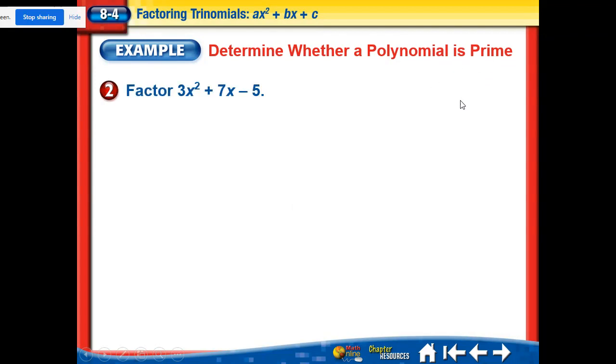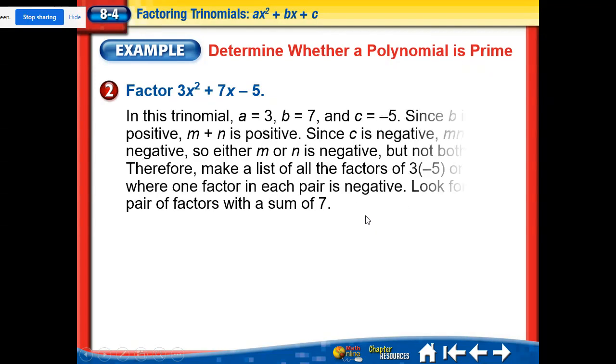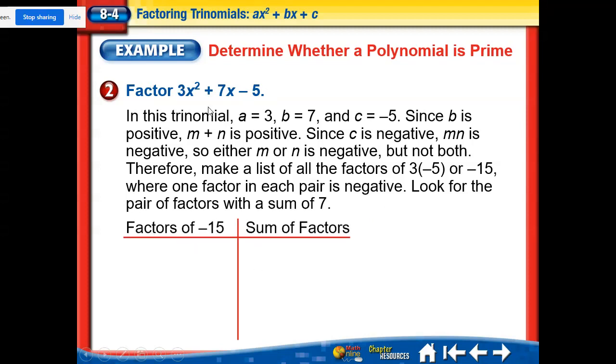There is a possibility that we have something that's called prime. And what happens there is we do all of our factors and none of them work. So 3 times 5 is 15. So we're looking for factors of negative 15 that add to be 7. Well, 1 and 15, negative 1 and negative 15. Again, when we have the minus there at the end, we got to do both of these. 3 and 5, negative 3 and 5, and 3 and negative 5.